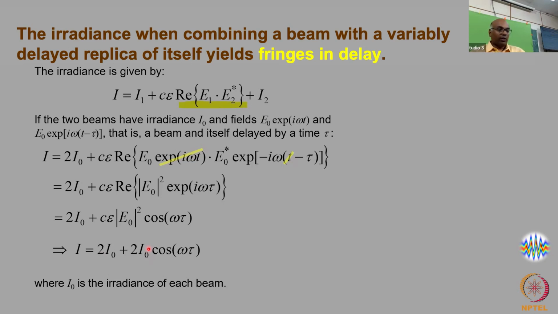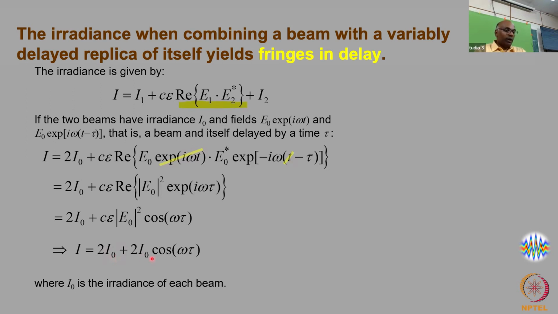So as a consequence, when cos omega tau is -1, you can have 0 intensity, 2 I naught minus 2 I naught. Whereas when cos omega tau is +1, you have 2 I naught plus 2 I naught. So you can have maximum intensities which are higher than the sum of the individual intensities I1 plus I2, or in this case, I naught plus I naught.